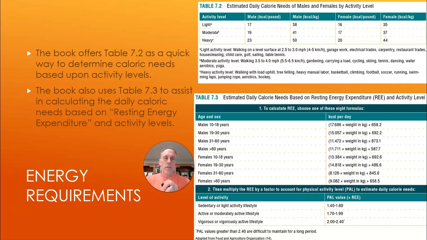They could weigh 100 kilograms, 220 pounds, but if their body fat percent is 7%, they've got a ton of lean muscle mass and very little weight that's going along for the ride. Conversely, if somebody is 20% body fat, that's going to change the caloric needs.